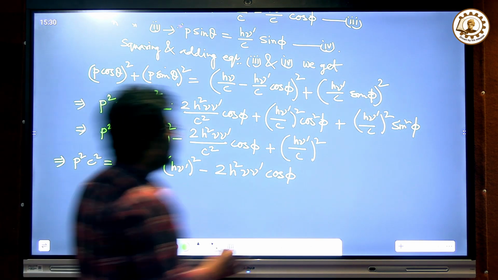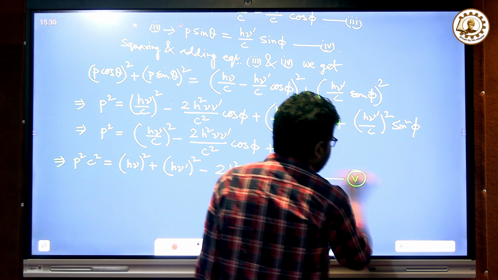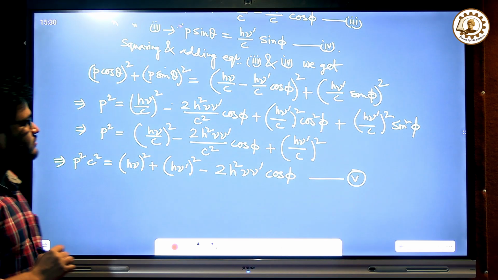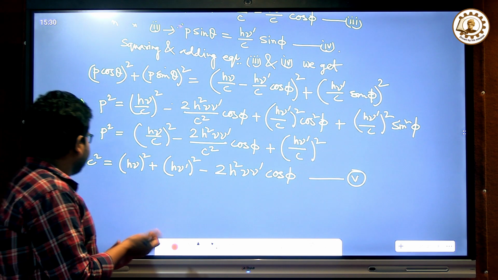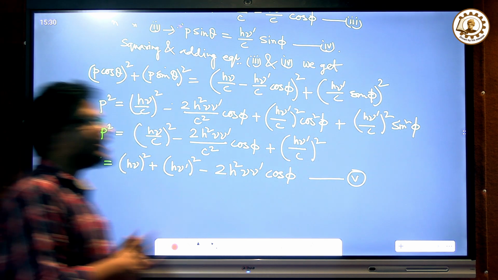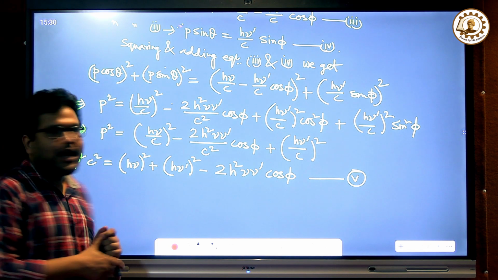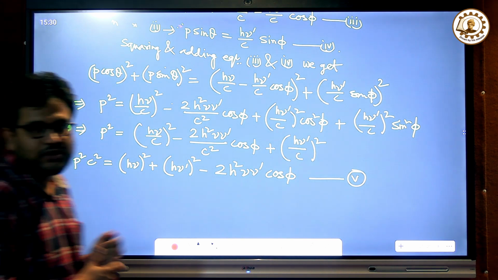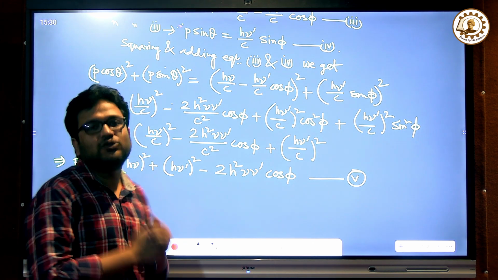There, so this is my equation number 5. So we have an expression for p square c square in terms of frequency and scattering angle phi using the momentum conservation equation. Now we need to apply the energy conservation equation.